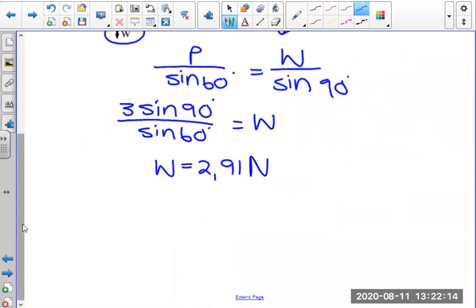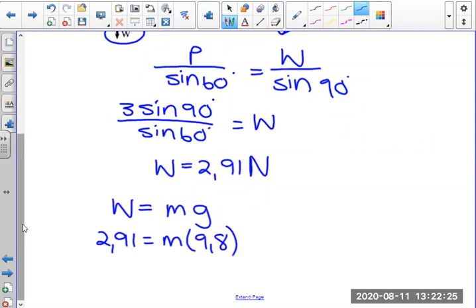2,91. Now, if I want to work out the mass, I say weight equals m times g. 2,91 equals the mass times 9,8. So now I say 2,91 divided by 9,8. Okay, so 2.91 divided by 9.8 gives me an answer of, the mass of this object is 0,3 if we round it off. 0,297.